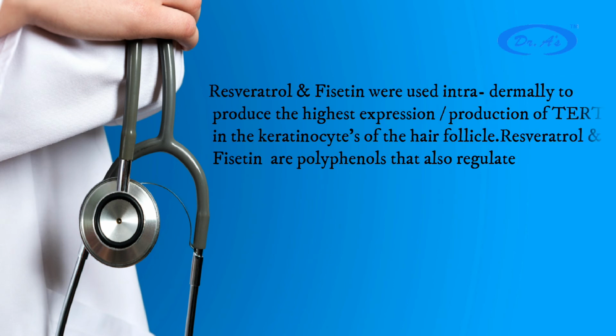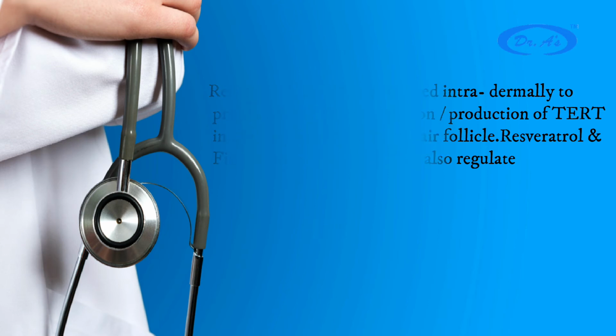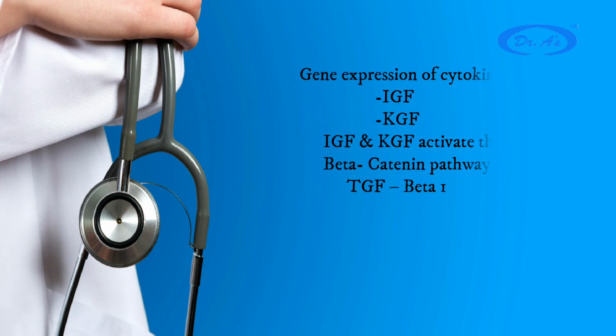Resveratrol and fisetin were used intradermally to produce the highest expression or production of TERT in keratinocytes of the hair follicle. Resveratrol and fisetin are polyphenols that also regulate gene expression of cytokines IGF and KGF.